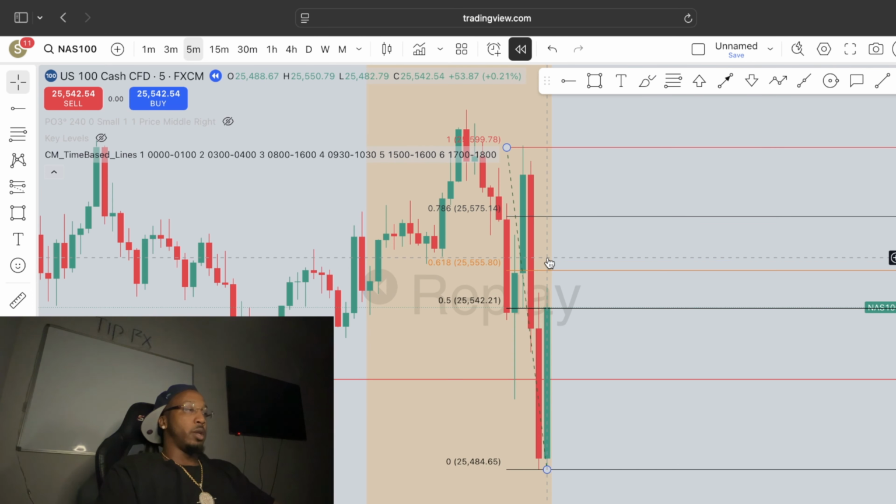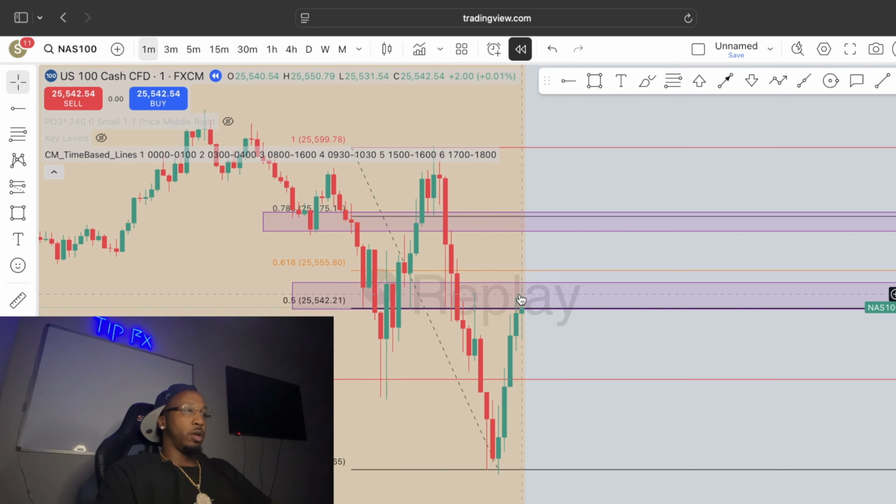When you see price being swept, you would ideally pull out your fib and mark your zones. This is the 50. Then you have these other zones of supply. We've got supply in this area, and then you want to go to your lower time frame to see exactly what is happening.